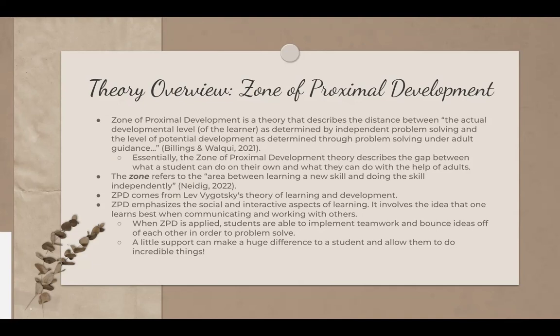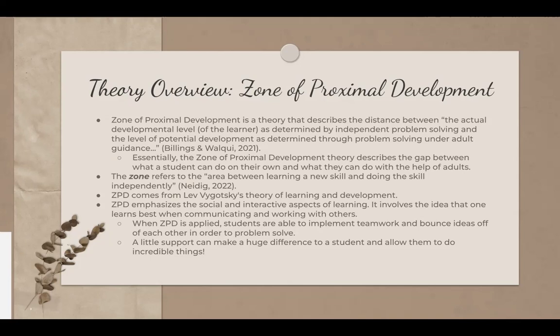So the zone refers to the area between learning a new skill and doing that skill independently. This can take the form of many different things, but the main one is, of course, instruction from your teachers. And then another important aspect of the zone of proximal development is collaborating with your peers.